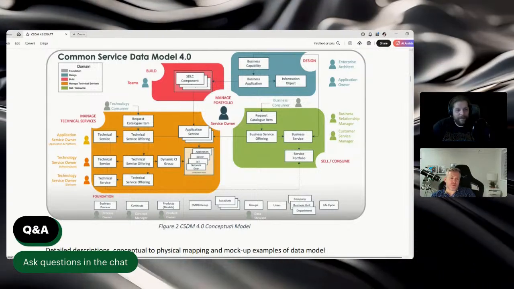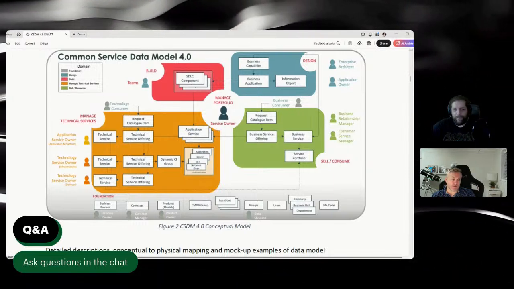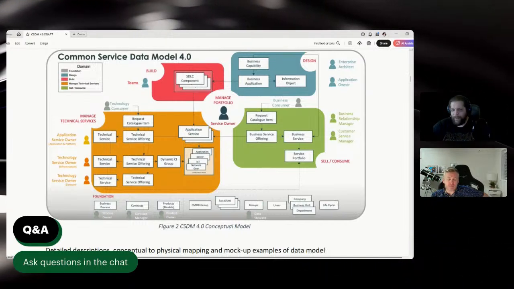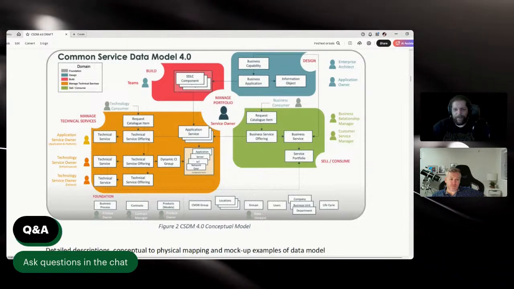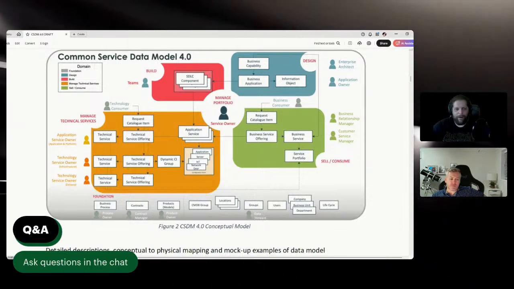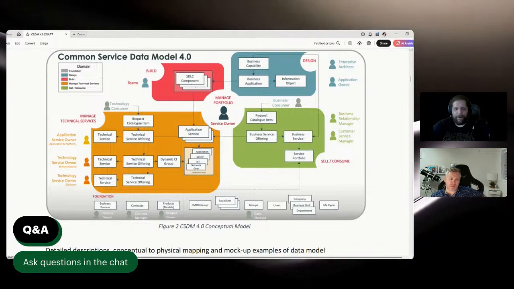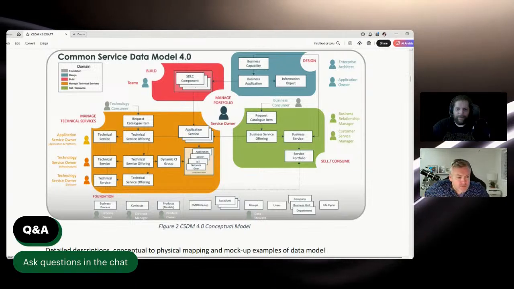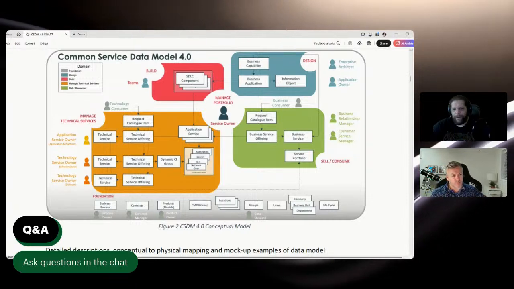Let's dive a little deeper into the dynamic CI groups, which is something that you already hinted at, that you're working with quite a lot. I know a lot of people struggle with the idea of dynamic CI groups in general, and they'd rather have an application service directly relate to an offering rather than using dynamic CI groups. Can you elaborate why you would choose one or the other?